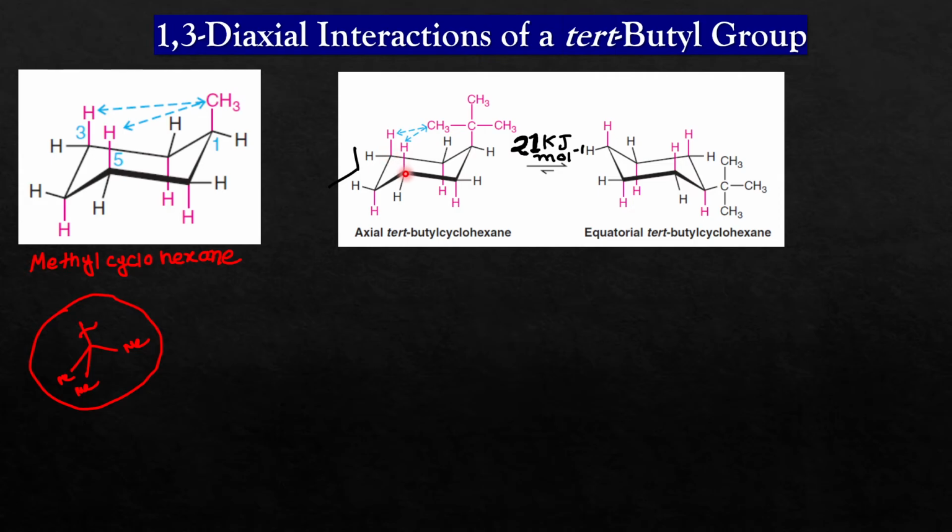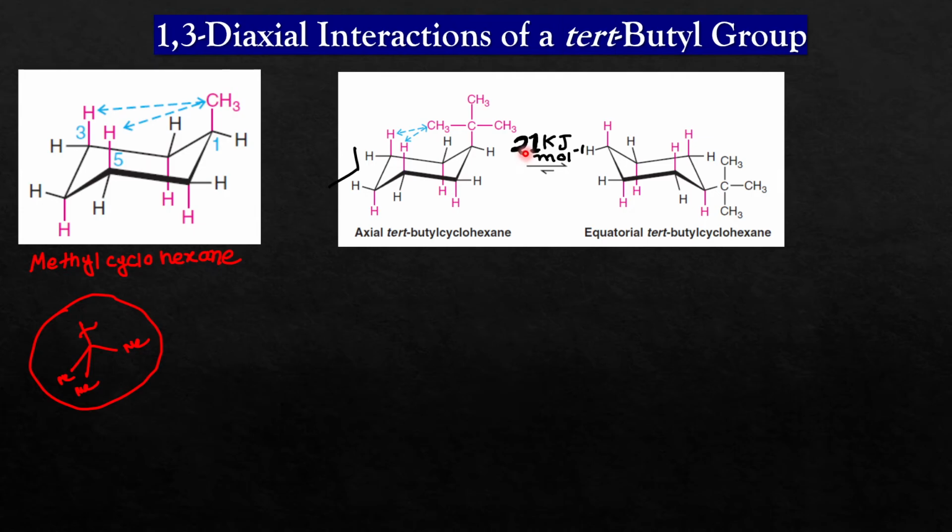So that's why this type of interaction is much more severe, because the distance between these hydrogen atoms is very small. So the energy difference between the axial form and the equatorial form of tert butyl cyclohexane is much higher, that is 21 kilojoules per mole.